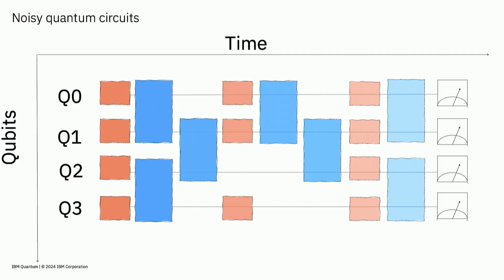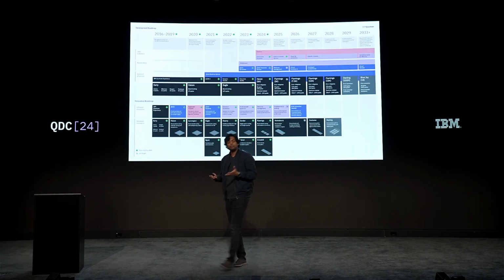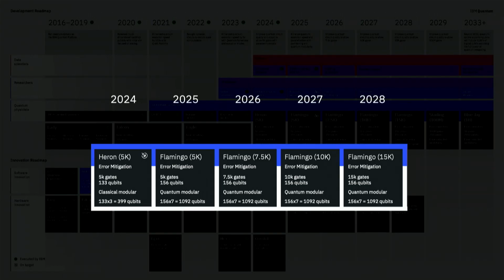And the depth of these circuits, the number of parallelized entangling operations we have, this can only keep getting better as the hardware gets better, okay? So this has really been the essence of our roadmap, right? That over the next 5 years, we want to keep increasing the number of operations we can execute in these circuits and still continue to get accurate results from these pre-fault tolerant quantum computers.